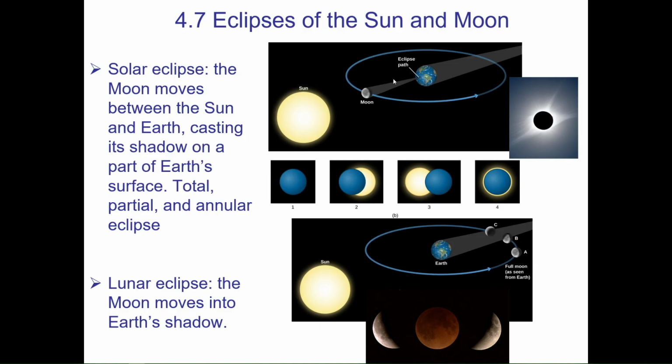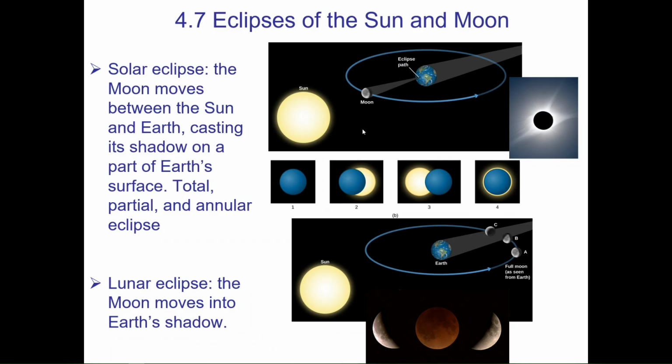Both the solar eclipse and the lunar eclipse happen at a certain configuration of the sun, the moon, and the Earth. Remember, this is always a cycle. The Earth is orbiting around the sun and the moon is always orbiting around the Earth. So it's not that once it happened, it won't happen again.